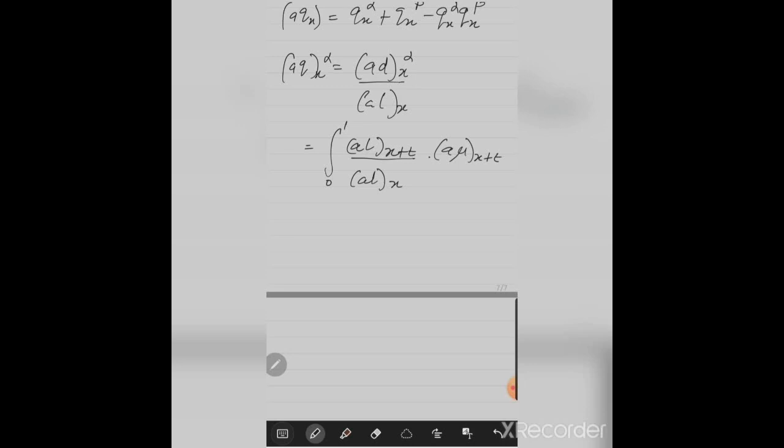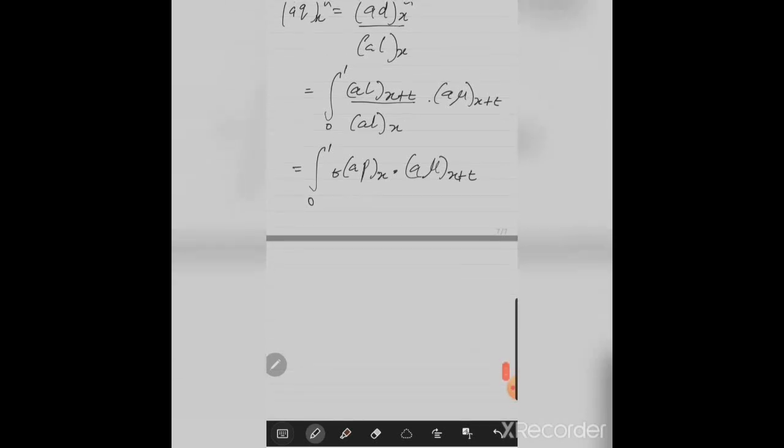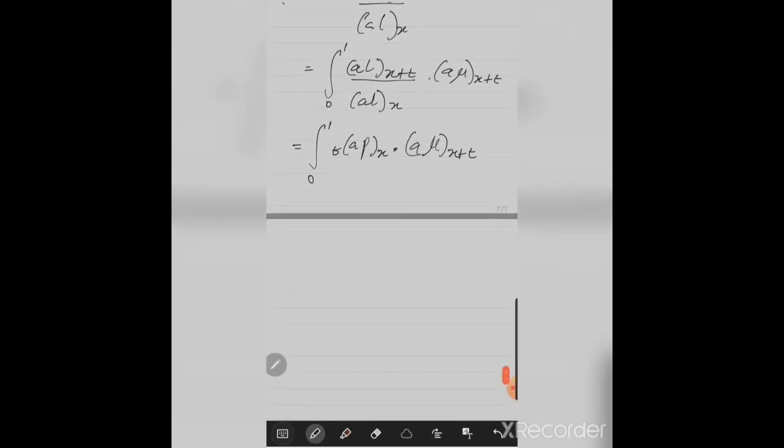And now this I'll take as TPX. So this is equal to the integral from 0 to 1 of TAPX times A mu x plus t. Now TAPX, I'll take this by slightly multiplying and dividing by TPX.